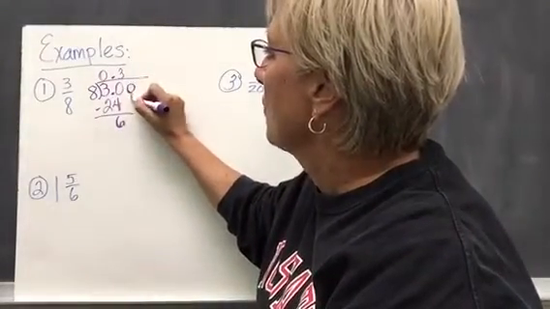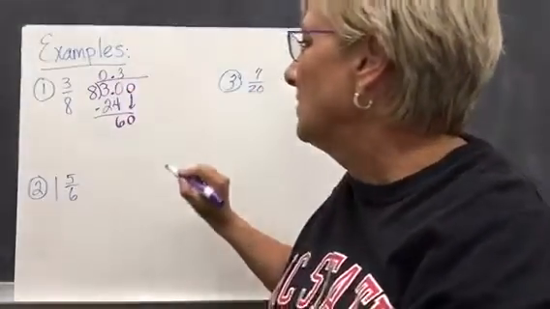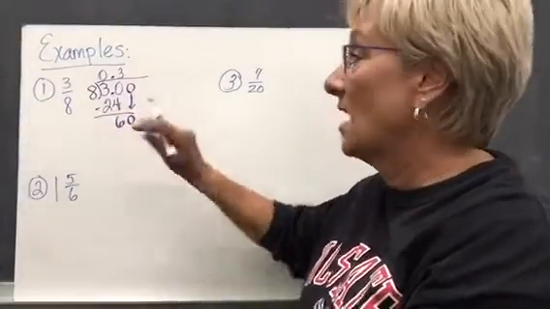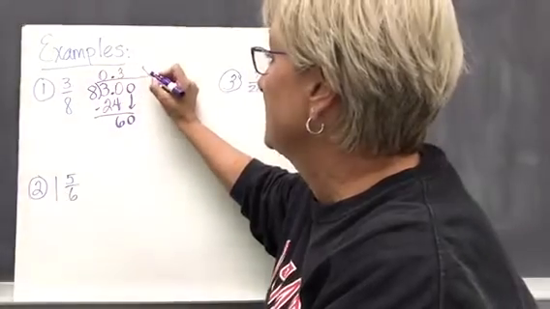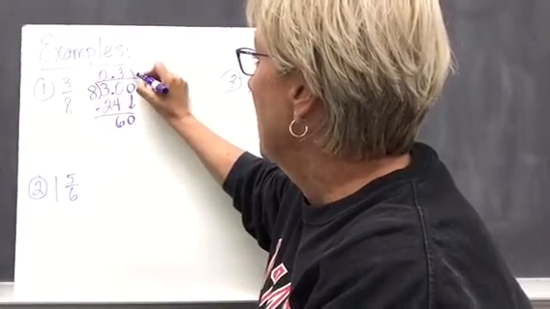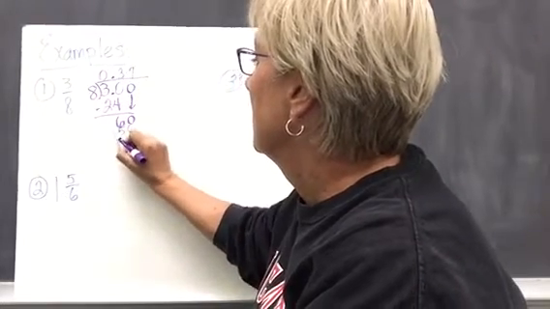Add a 0 and bring it down. What times 8 will give me 60? Nothing is going to give it to me individually, but I know that if I say, let's say 8 times 5 is 40, 8 times 6 is 48. How about 8 times 7 is 56?